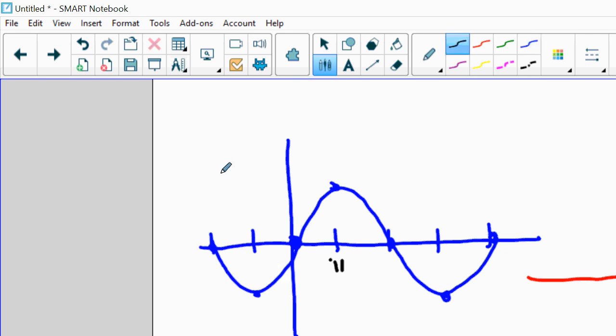Been a while. This is pi over 2. This is 1. Therefore, I'm going to graph 1, pi over 2. This is pi, 0. Therefore, 0, pi. Therefore, the graph looks like this.